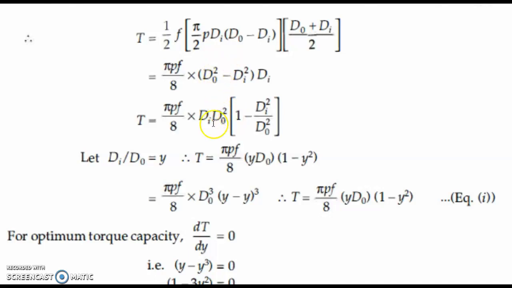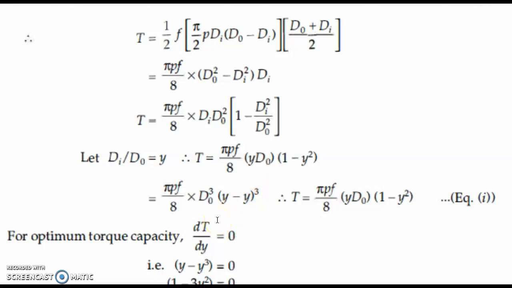Then that equation will convert into 1 minus di square by do square. For ease, we can write di by do is equal to y. Then here it is y into do cube into 1 minus y square, or we can write y minus y cube. This 3 is not outside, just y minus y cube.